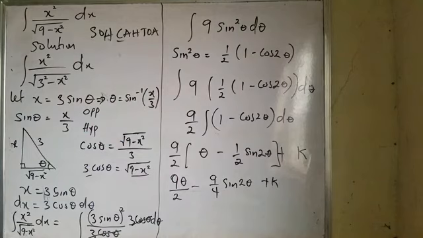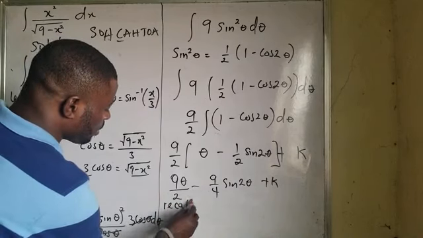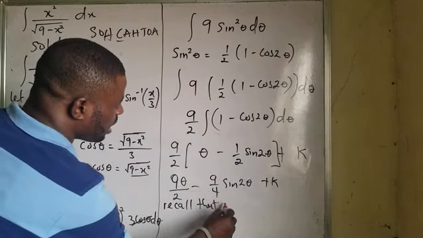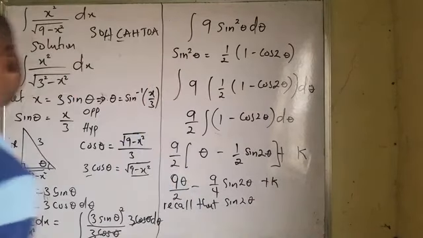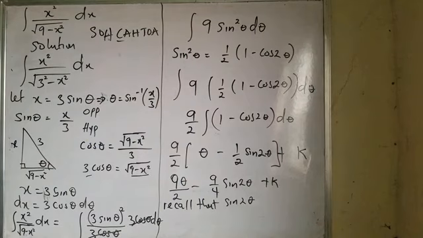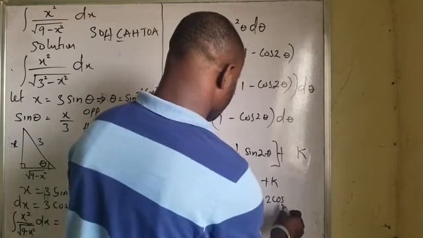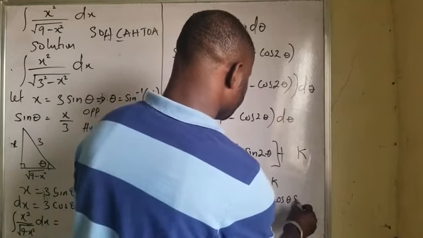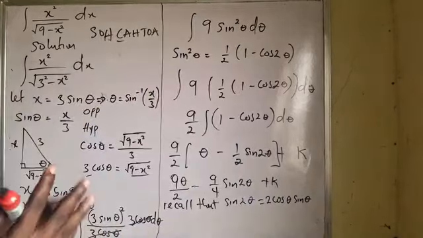Since I have opened the bracket, don't forget, back to your trigonometry, recall that sine 2 theta, which is a double angle, will be equal to 2 cos theta sine theta. I'm playing around with trigonometric ratios, identities, double angles, special angles and so on.